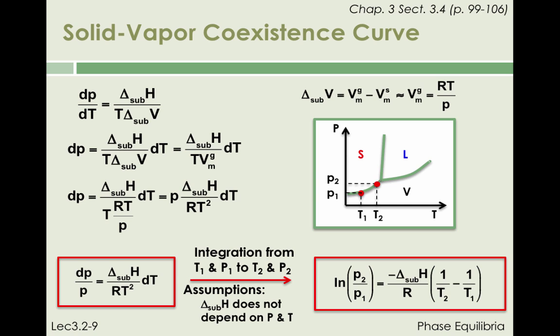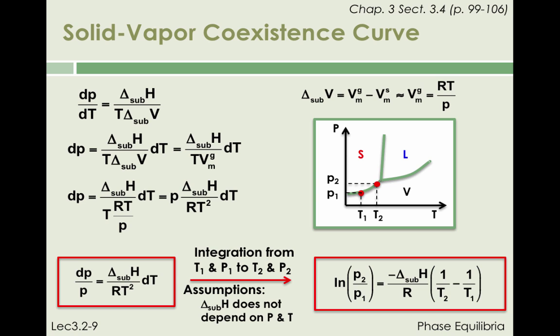equals delta H sublimation divided by RT squared times dT, which we integrate between an initial state defined by temperature T1 and pressure P1 and a final state defined by temperature T2 and pressure P2.